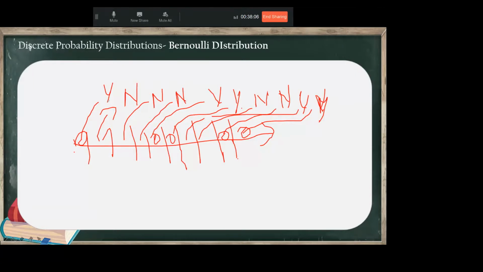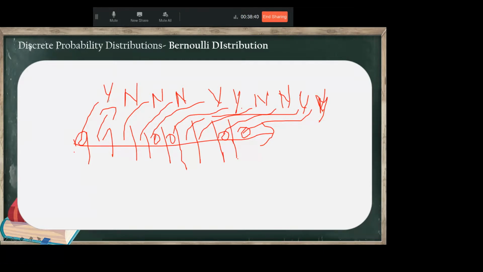If there is success, it's a circle, and if there is no success, it's an empty one. So a circle or 1 indicates success. Now if we consider the head and tail example of flipping a coin, if there is no head, then simply it's an empty one. If there is a head, then it's a circle.